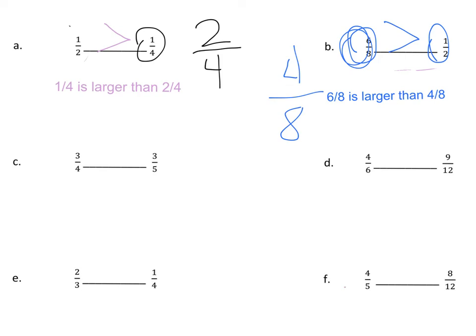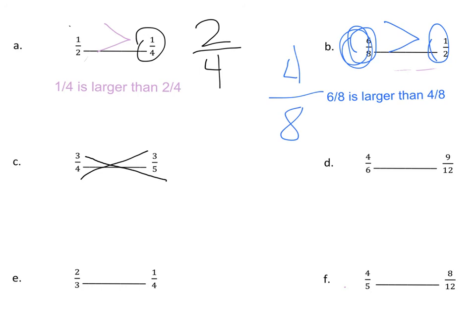Now, in situations that I see a lot here, 3/4 versus 3/5, I would say both of those are larger than half. So at this point, you would have to use a trick. Now, the trick isn't going to give you much meaning and much depth, at least not for today, but you're going to have to use the trick called cross multiplication. In this, you multiply the numbers diagonally.